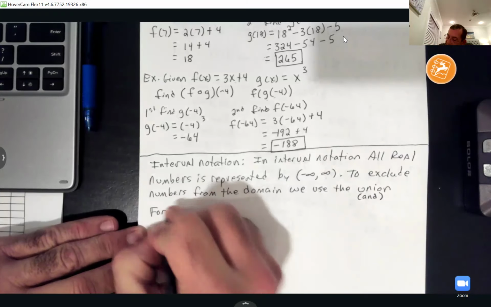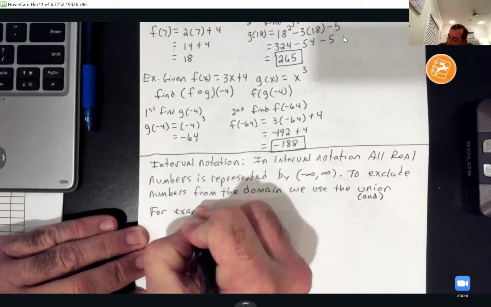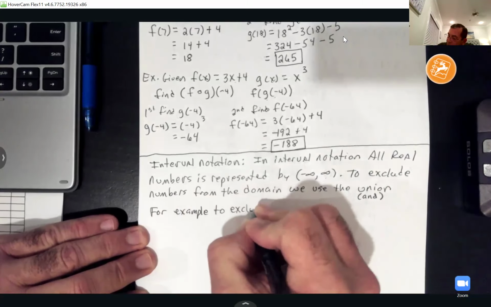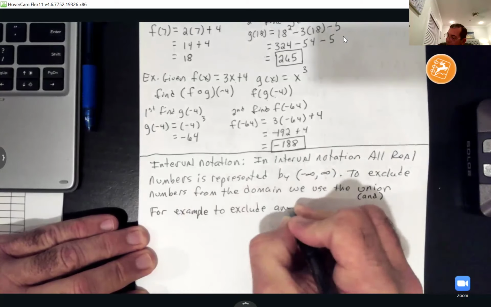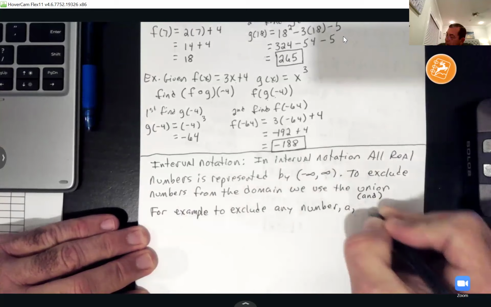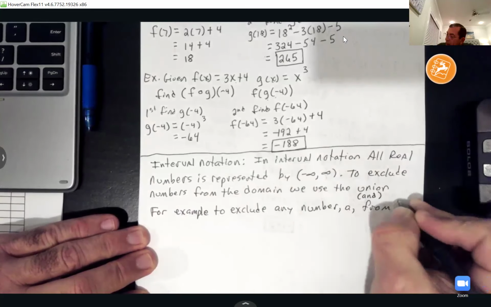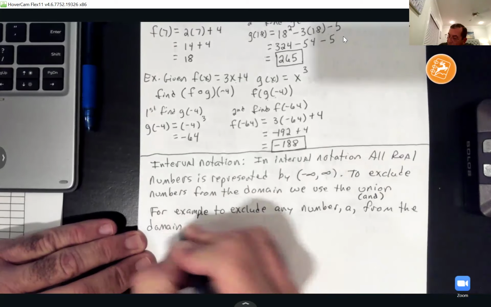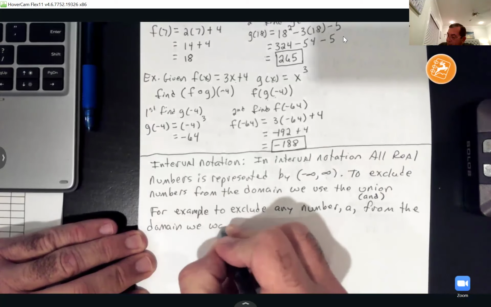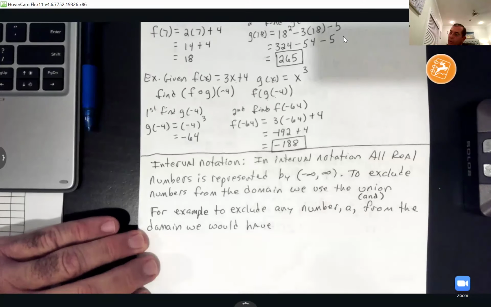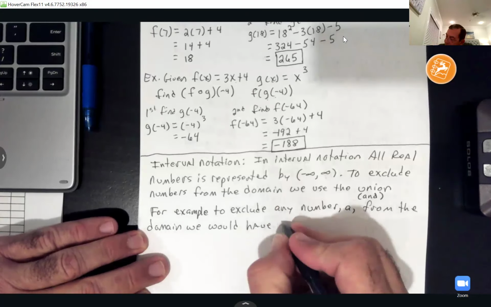So for example, to exclude any number A from the domain, we would have, now, they're always going to start at negative infinity, okay?